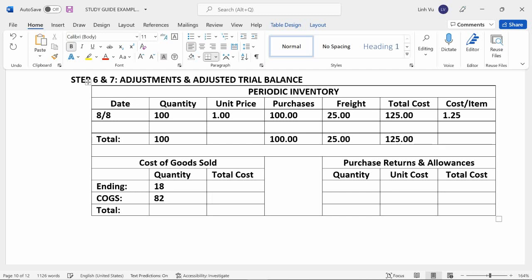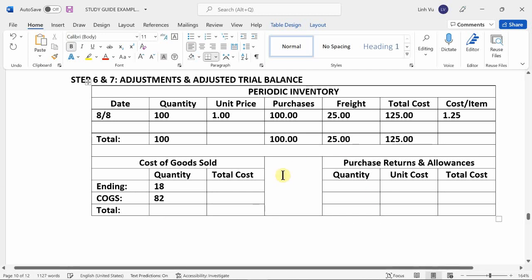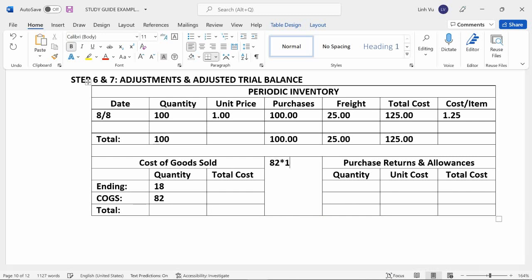So how do you want to do the cost of goods sold? I only have one batch of inventory, and my cost per item is $1.25. If you want to figure out what the cost of goods sold is, you could take your 82 units and multiply by $1.25 each.